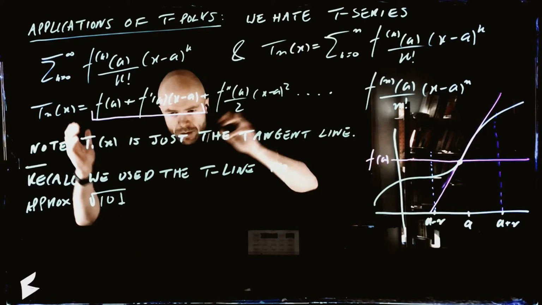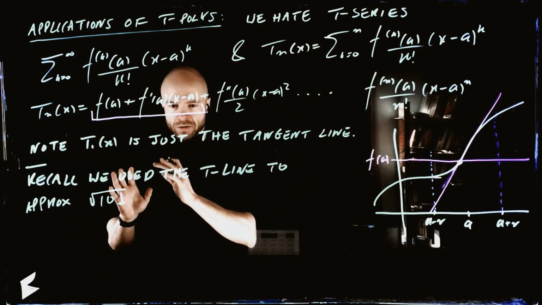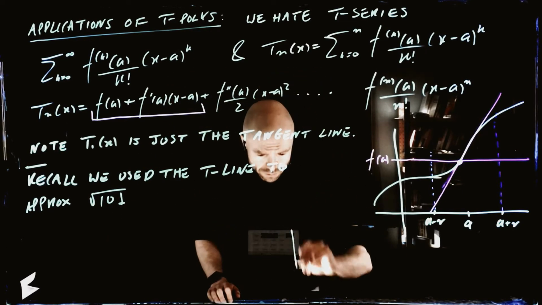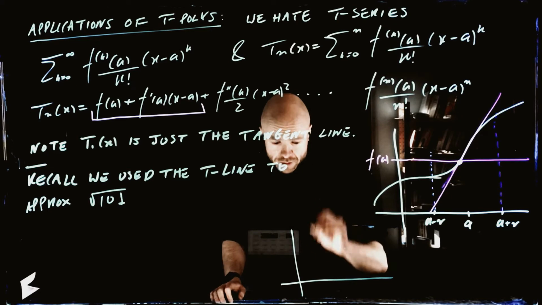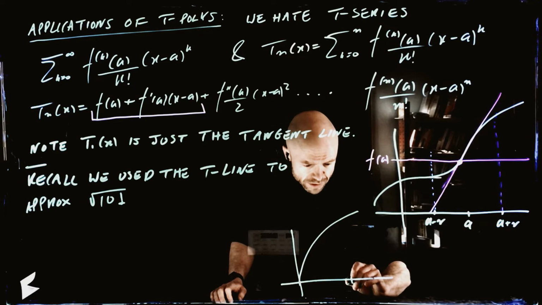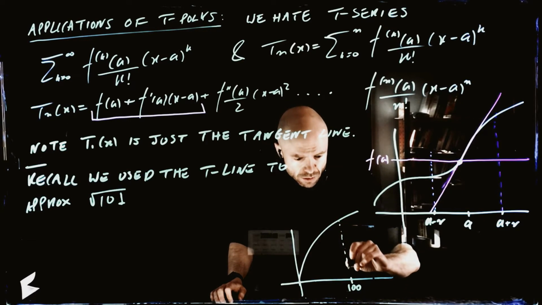Because if we didn't have a computer, if we didn't have a calculator, then actually finding the square root of 101 would be quite a pain, right? That would be a very difficult thing to do. However, we could simply take the square root function, and then consider its tangent line at the value 100.